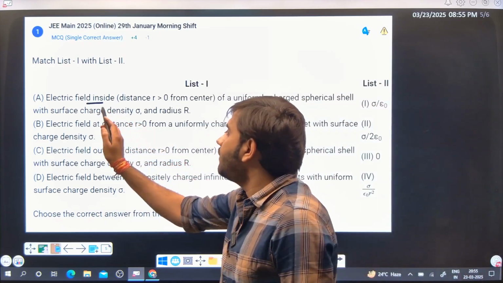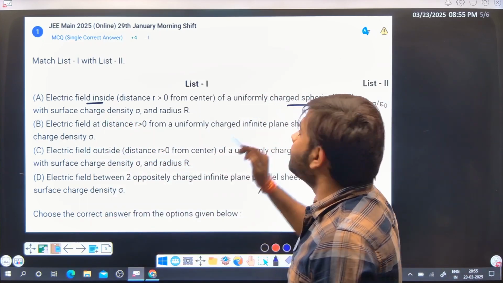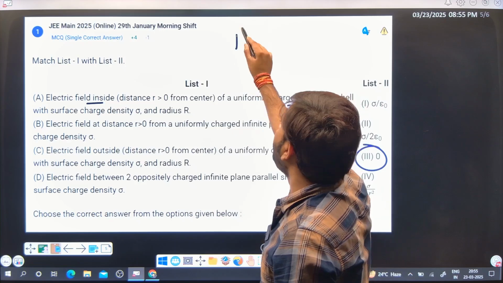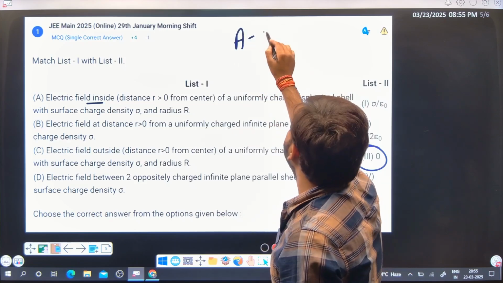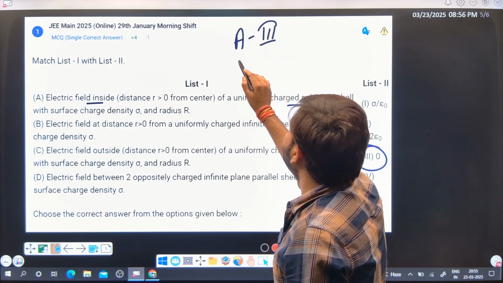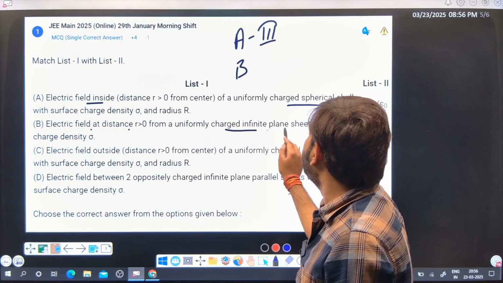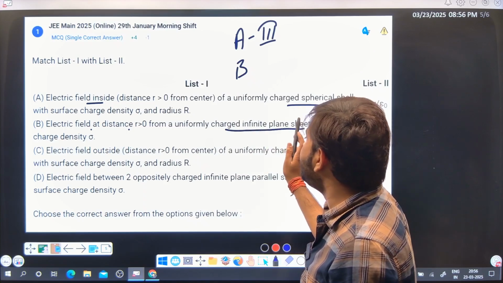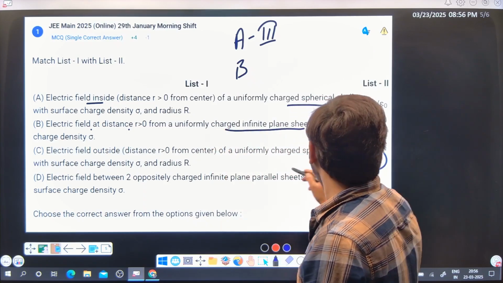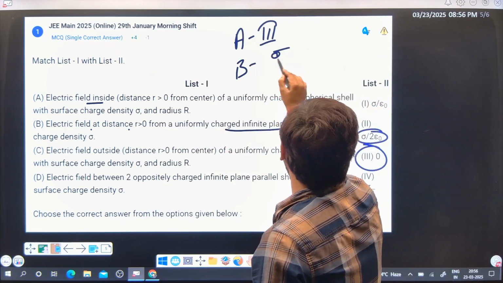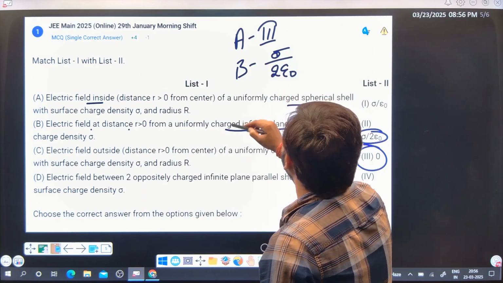Electric field inside a charged spherical shell, I can easily point out this should be 0. So A should be 3. For B, electric field at distance r from a uniformly charged infinite plane sheet. Aha, only one plane sheet, no? So this should be sigma by 2 epsilon naught.